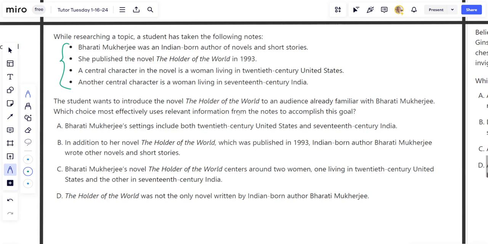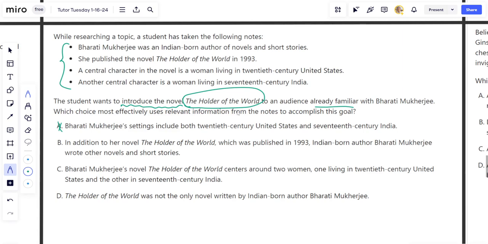Well, the first choice, Bharati Mukherjee's settings include both 20th century United States and 17th century India. It doesn't introduce the novel, right? The goal here is to introduce a novel. This does not introduce the novel.